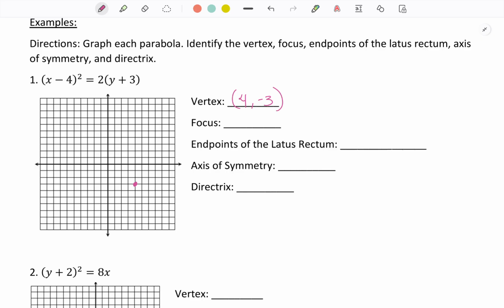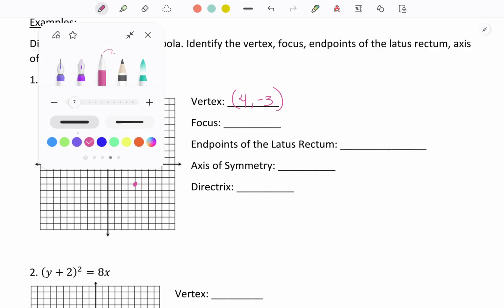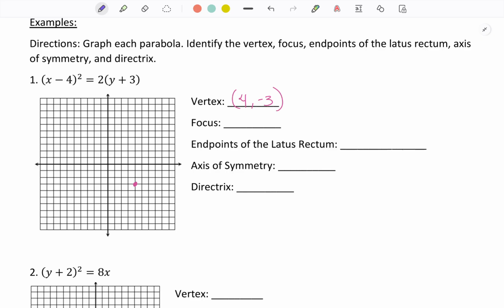So our focus, let's see, actually we need to get p. So we are going to go ahead and look at this term in our standard form because that should be 4 times p. So we're going to take 4p, it should equal 2, and then we're going to solve for p. So p equals 1/2.